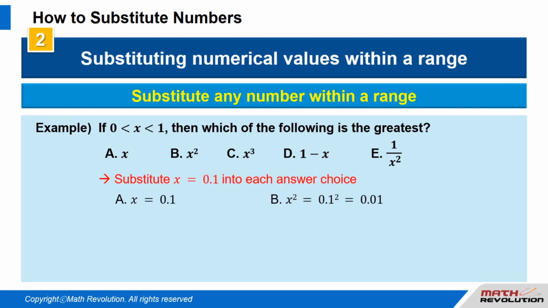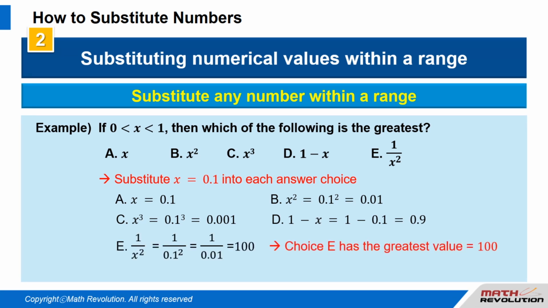If we substitute x equals 0.1, we get A. x equals 0.1, B. x squared equals 0.1 squared equals 0.01, C. x cubed equals 0.1 cubed equals 0.001, D. 1 minus x equals 1 minus 0.1 equals 0.9, E. 1 over x squared equals 1 over 0.1 squared equals 1 over 0.01 equals 100.